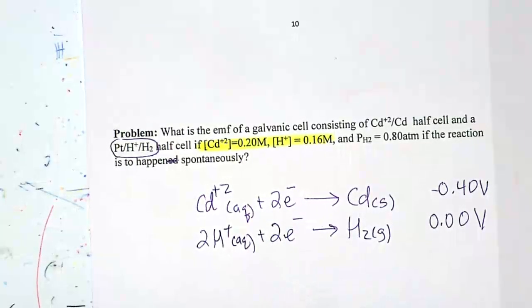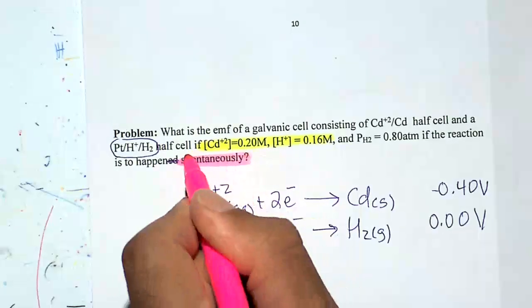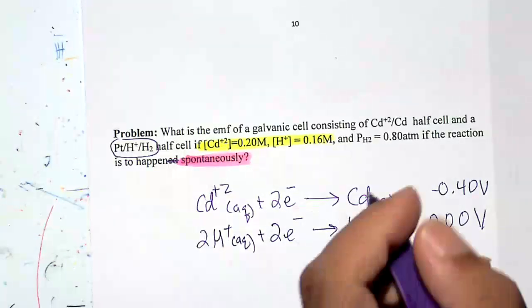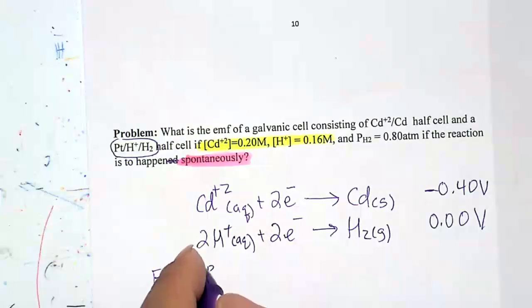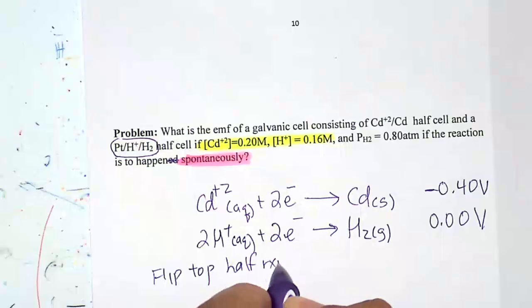All right, let's highlight something here: spontaneously. That means a positive voltage. So we need to flip one. Which one do you want to flip to make it the anode, to make it oxidation? Top or bottom? We will flip the top half reaction and make it the anode. So I'm flipping that.